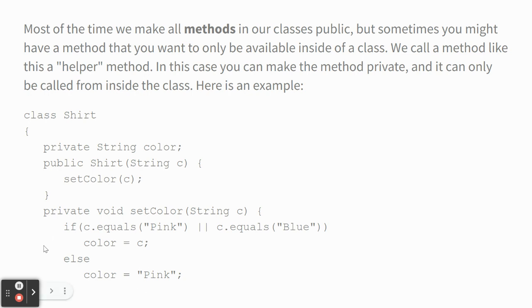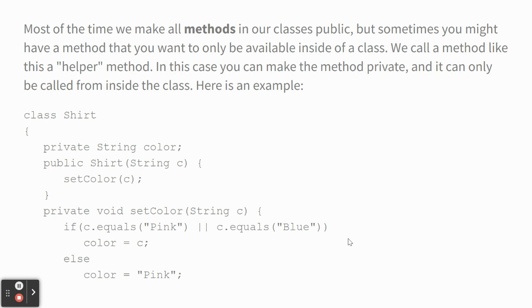And that way, at the time that I use the constructor, I'm not having to have a bunch of complicated code in there. Anytime I wanted to add another color, I could change my setColor method, but I wouldn't have to go change the constructor. So sometimes you can have private methods, and this is a case where you could do that.